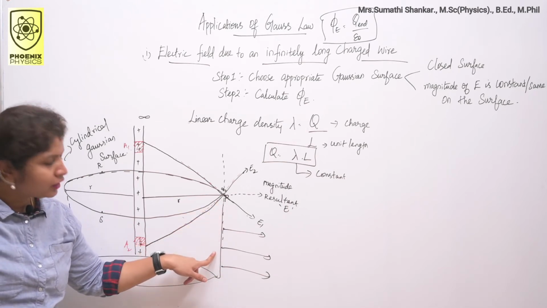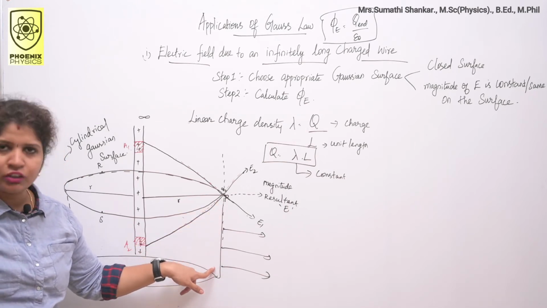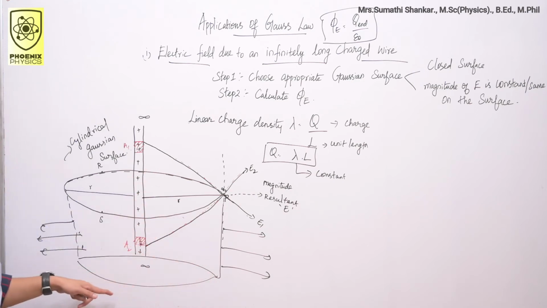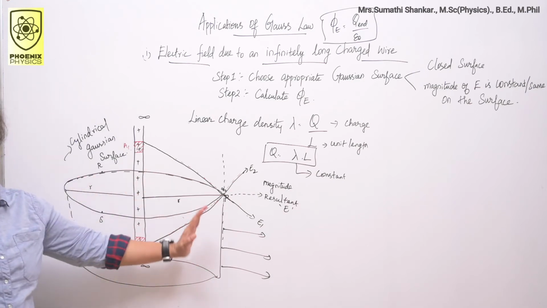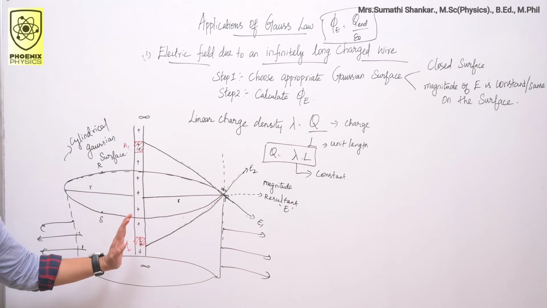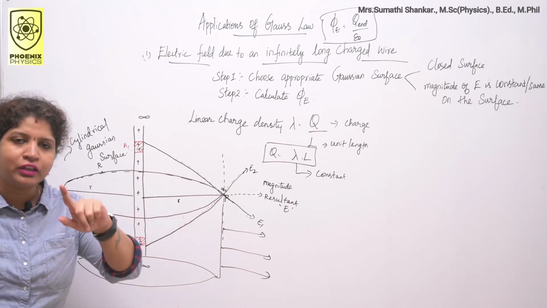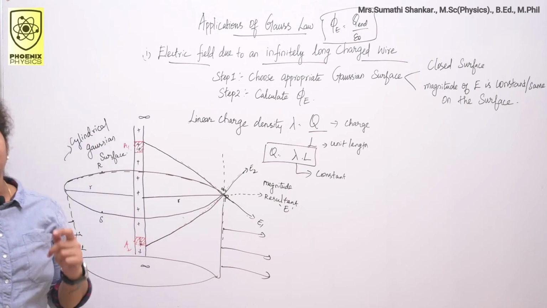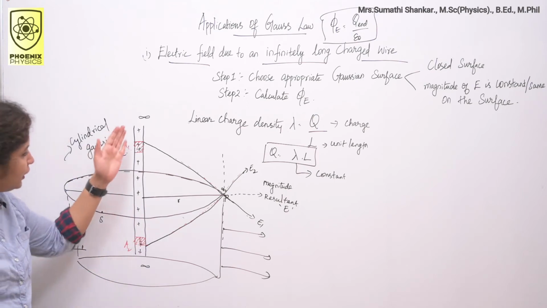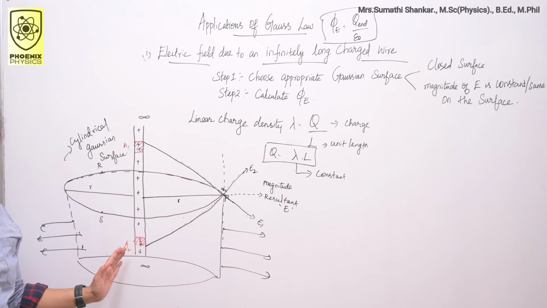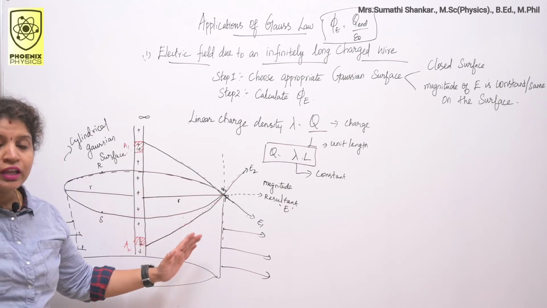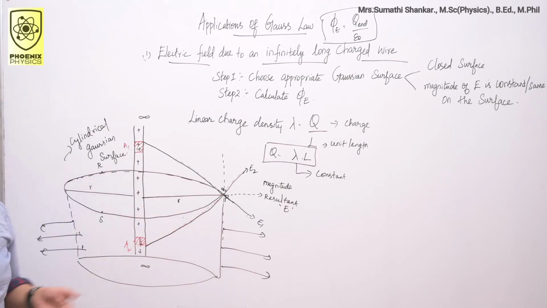Just mark all the E values as dots. Connect the dots. You can get the cylindrical Gaussian surface. So if it is point charge means you can draw spherical Gaussian surface. If it is linear charge distribution means you can choose cylindrical Gaussian surface.